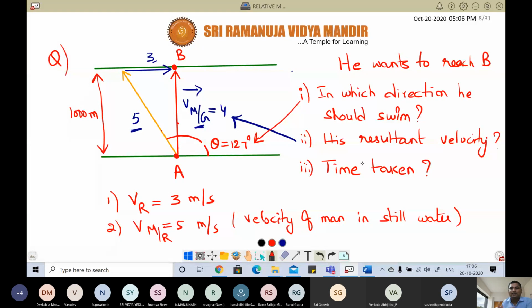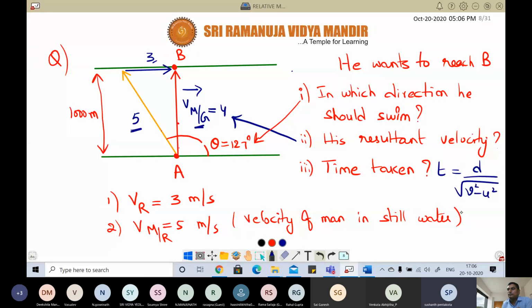Okay. Now time taken, either you go procedure wise, or since we already know this is the second case, that is crossing the river in the shortest path, and we have the formula also. T is equal to D by root over V square minus U square.